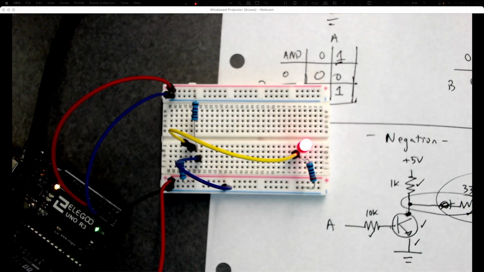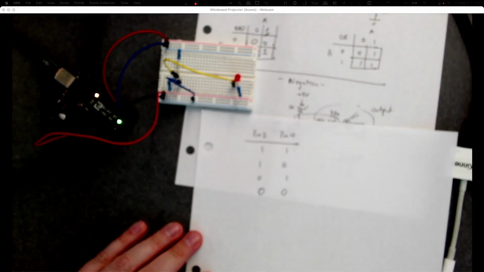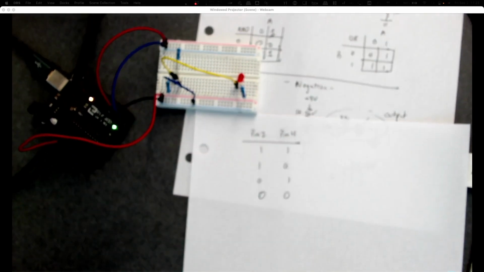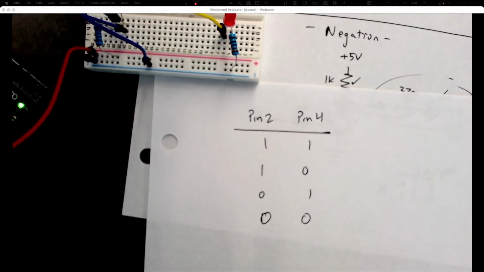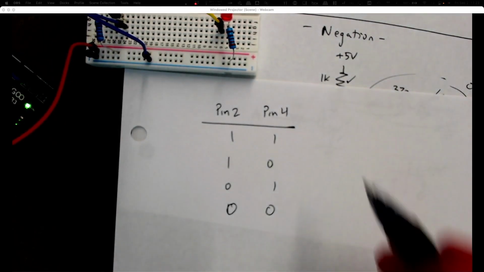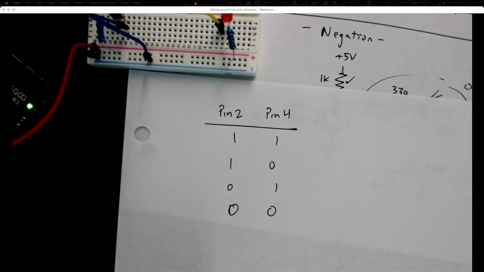Let me zoom out for a second. And this is really annoying that it's this blurry. Is that better? Yes? Okay, so that's how we programmed it, right?